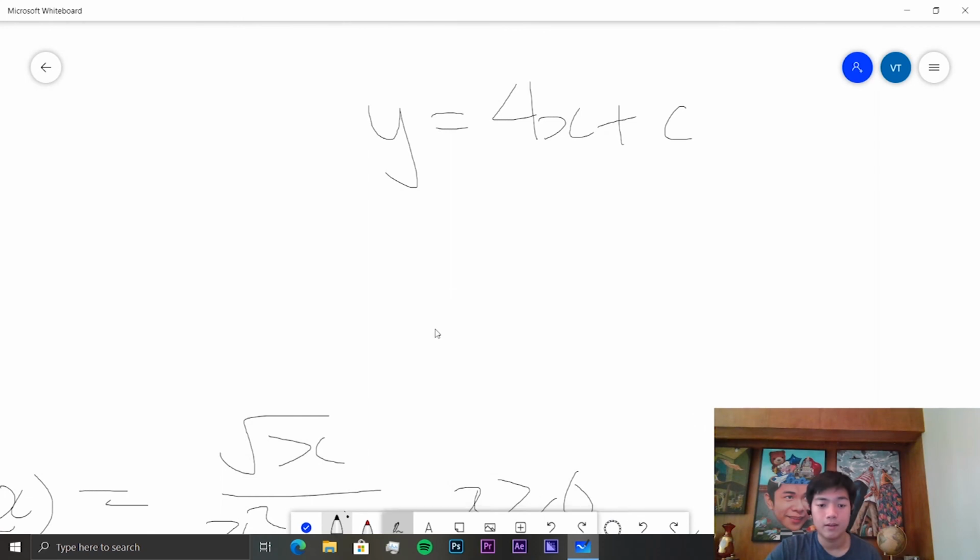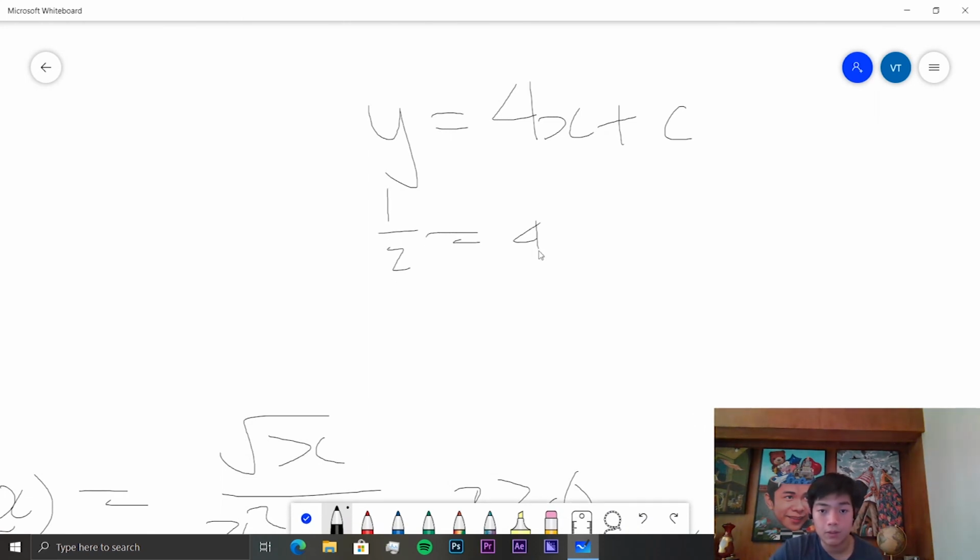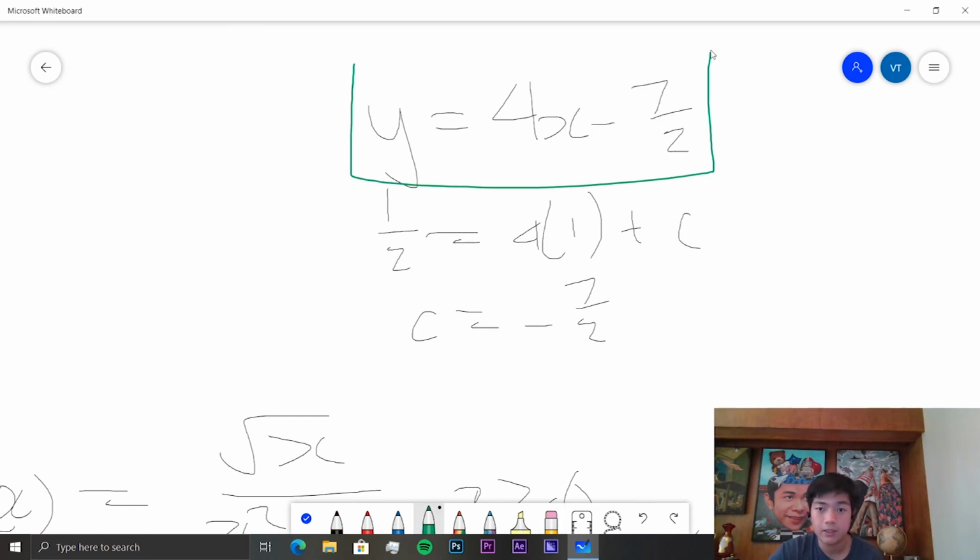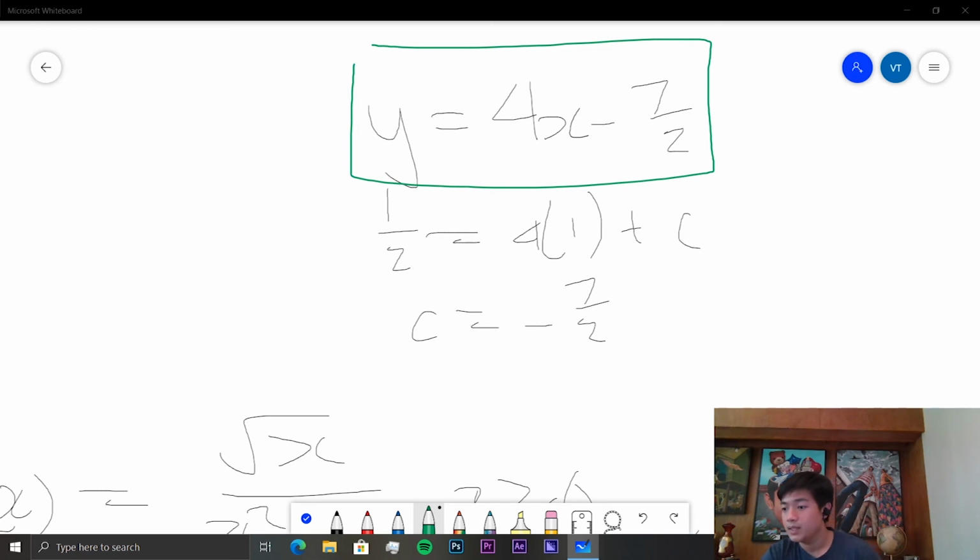So we get 1 half is equal to 4 times 1 plus c. So c must be equal to negative 7 halves. So y equals 4x minus 7 over 2 is what I'm getting as the equation. Let's just check if that is correct.